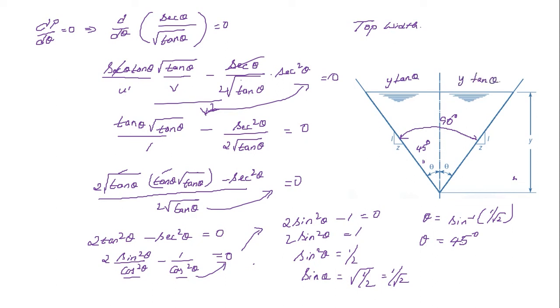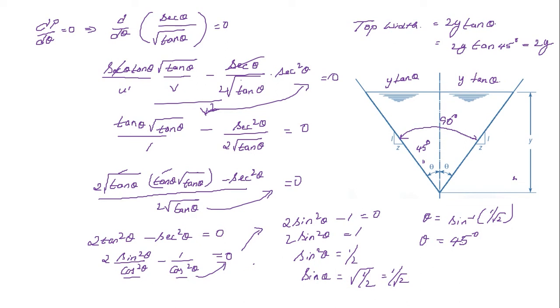So use this principle here. Okay, so what is this? Top width is equals to 2y tan theta. So it is equals to 2y tan 45. So that is equals to 2y. So you can say that the top width has to be 2 times y for a triangular section.